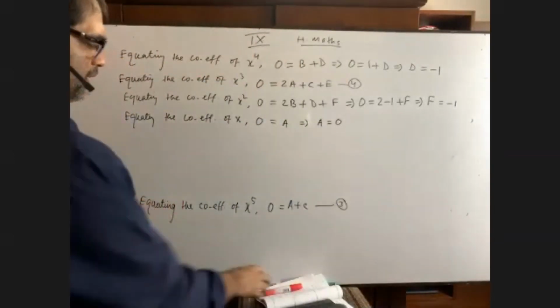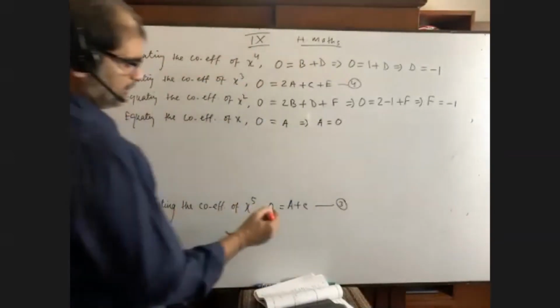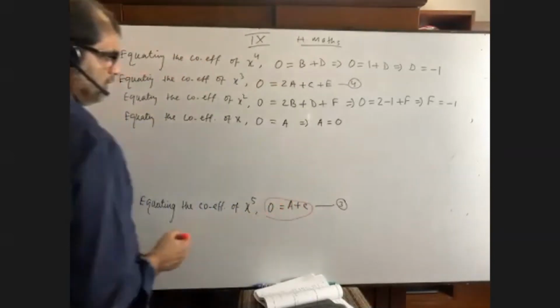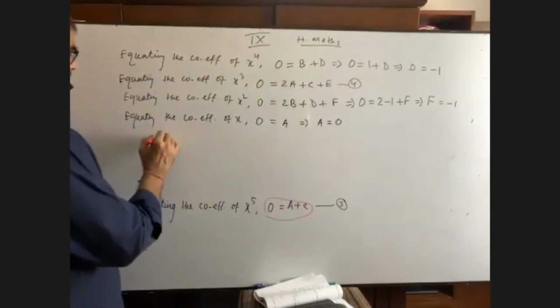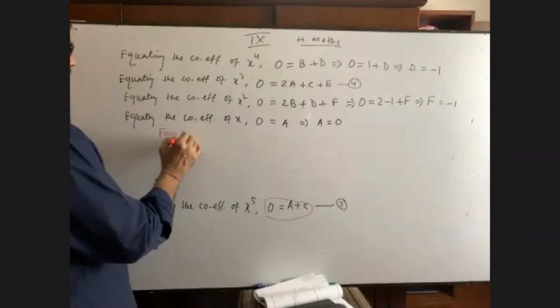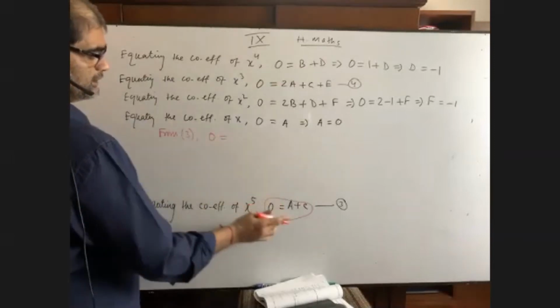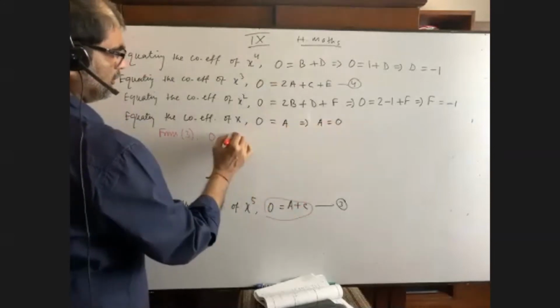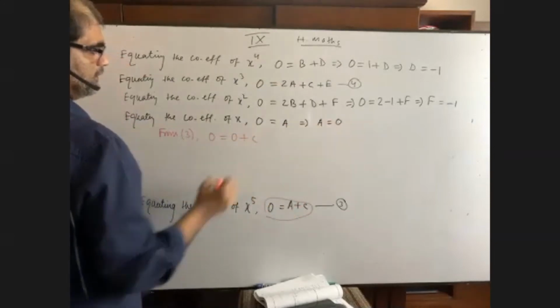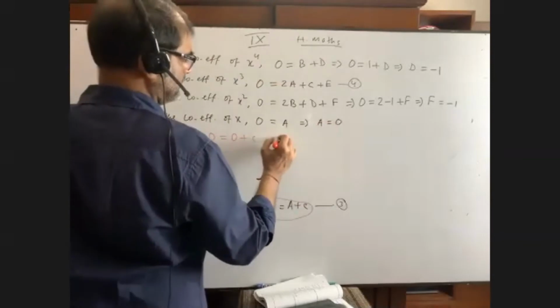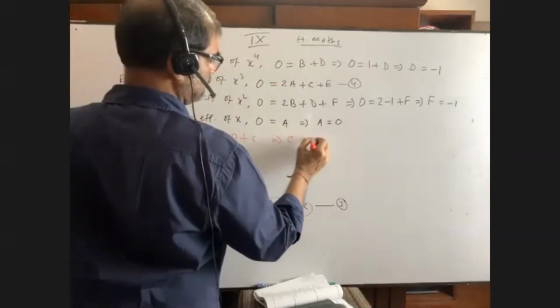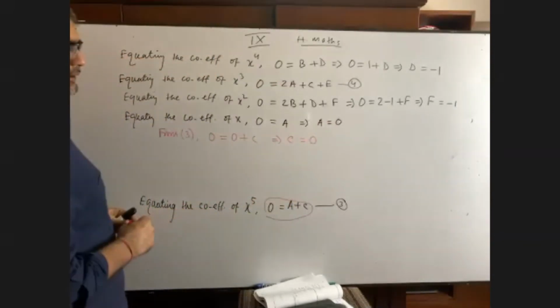You give emphasis on equation 3. Write down from 3: 0 equal to, what is the value of a? A is 0, 0 plus c. So we can write here c equals to 0. 3 is done.